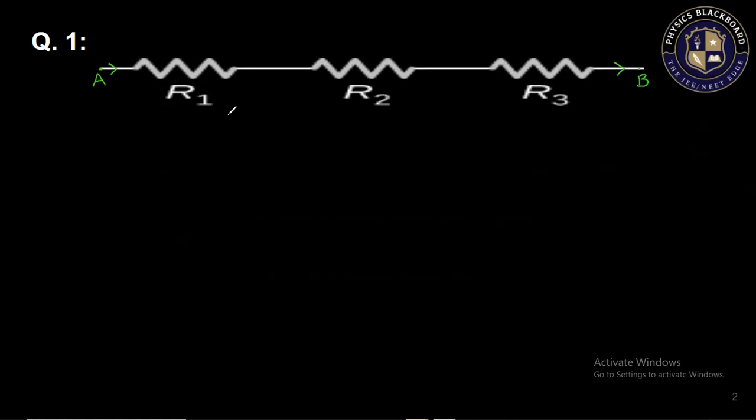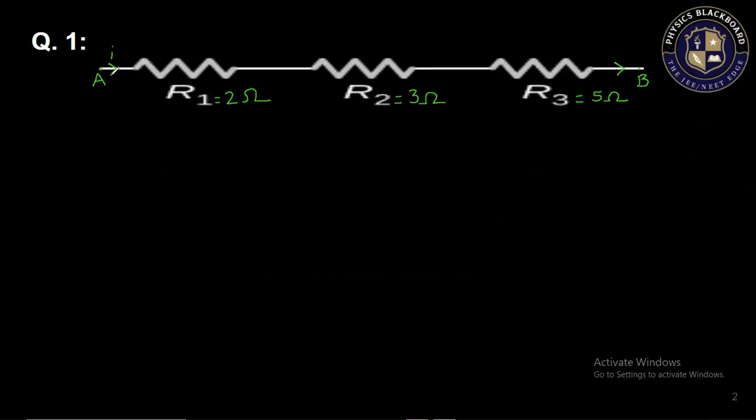Assume that the resistance of the first resistor is 2 ohms, the second resistor is 3 ohms, and you can assume the resistance of the third resistor as 5 ohms. Now here you should observe one thing.